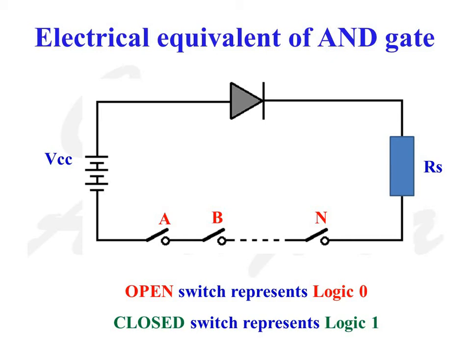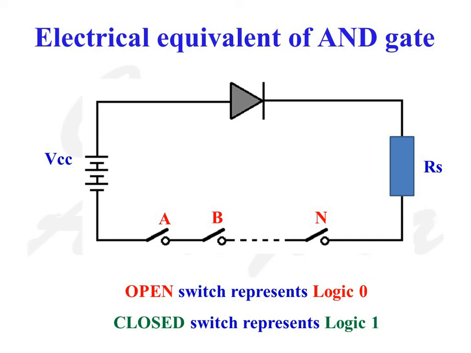An LED which is in the off condition represents output 0 and an LED which is forward biased represents output 1. So here, when all the switches are closed, current flows through the circuit, forward biasing the LED. LED emits light, which emulates the case if all inputs are 1, output is equal to 1.